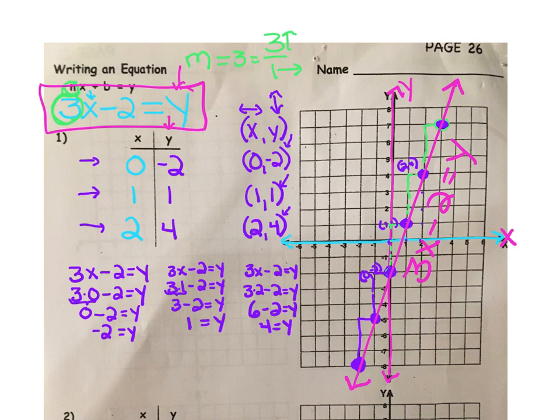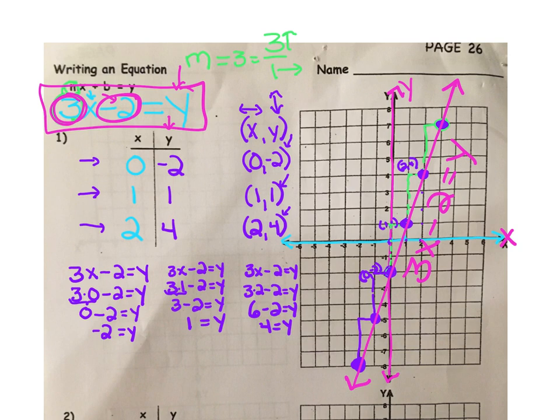Now we know the slope, of course, is 3. But on a side note, our b value is -2. That -2 is our y-intercept.